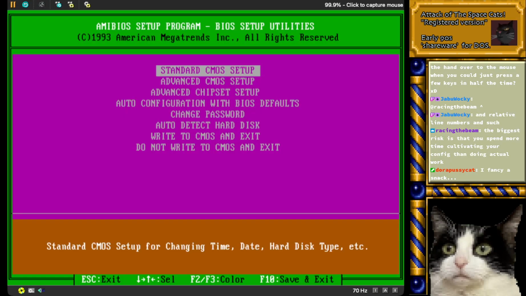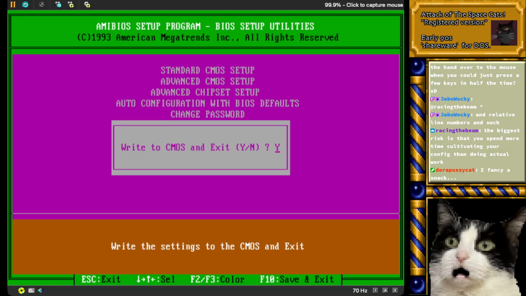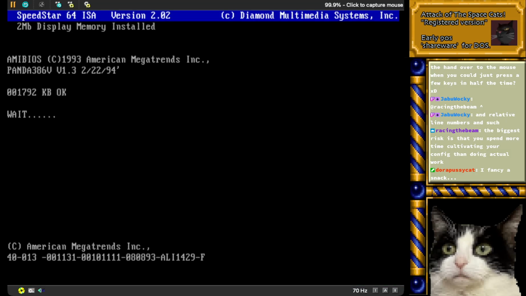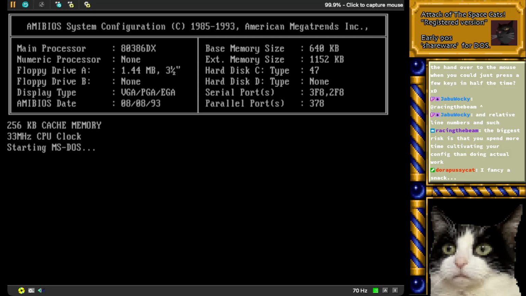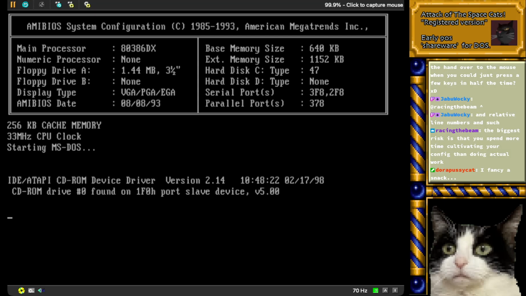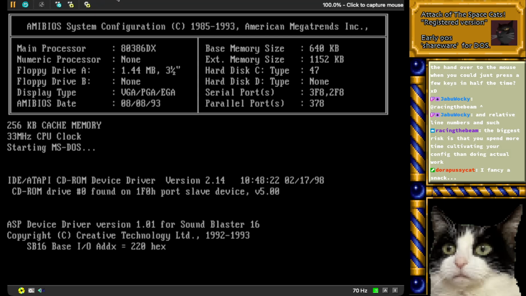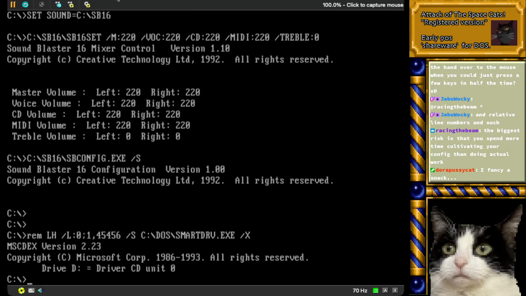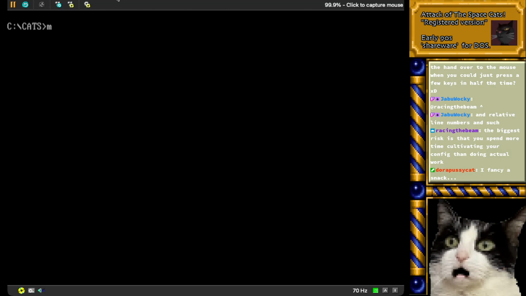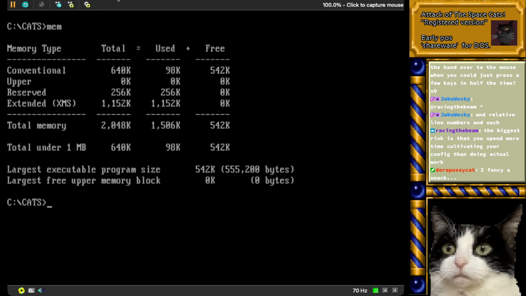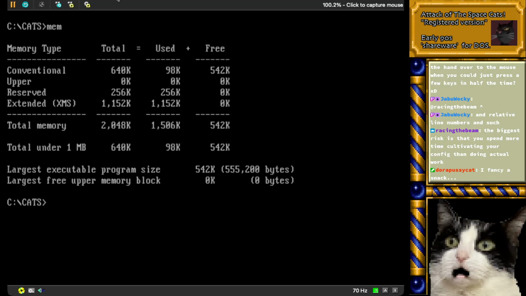Beeping ensues. Yeah, because that total XMS is, I think, too small.